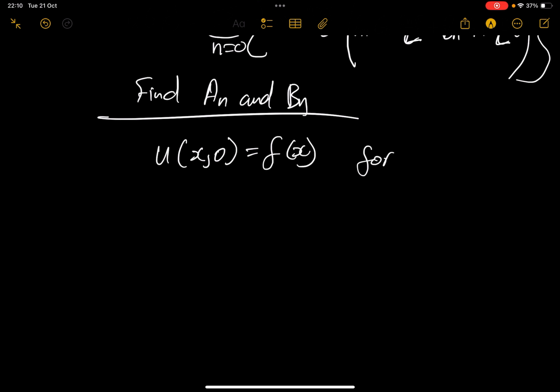And this we need to evaluate from 0 to L. We're evaluating the value of x from 0 to L. Remember, when x was 0 and then we had t, we said t is greater or equal to 0.